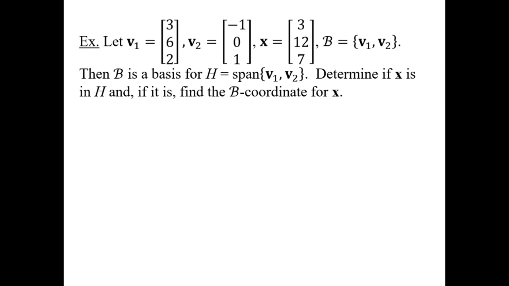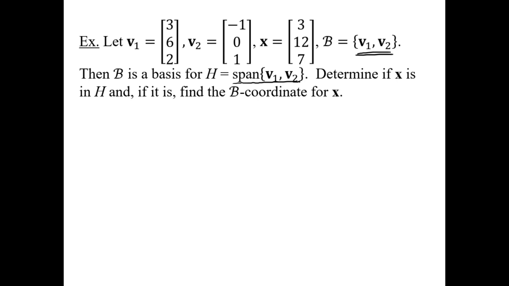So first off, I want to take just a minute. We're looking at this set of vectors, V1, V2. We're told that we're interested in the vector space that's the span of those two vectors. We're told B is the basis, but it's worth taking a minute to verify that these vectors are not dependent on each other.